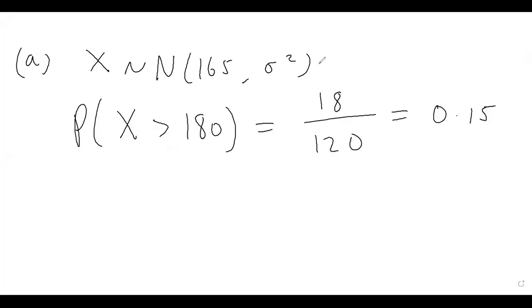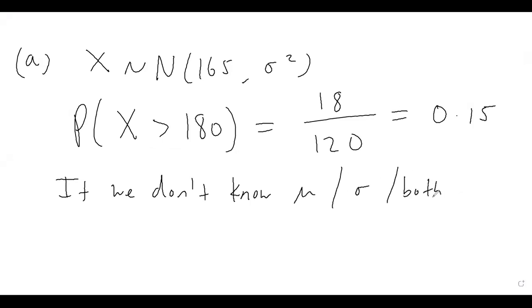So if we don't know mu and sigma, remember what we need to do. Let's just make a note of this. If we've got a normal distribution and we don't know mu or sigma or both, remember we need to use our conversion to a standard normal distribution.